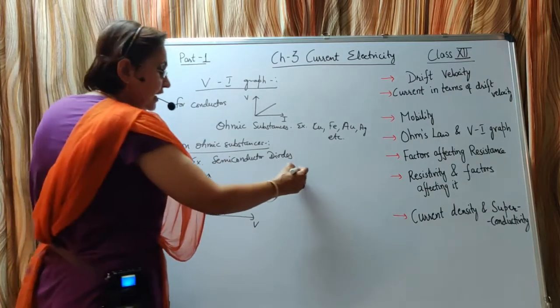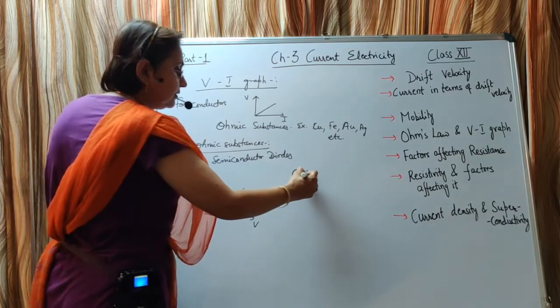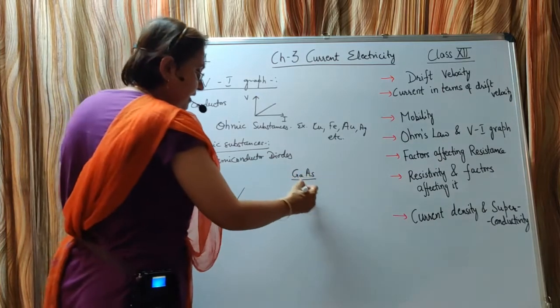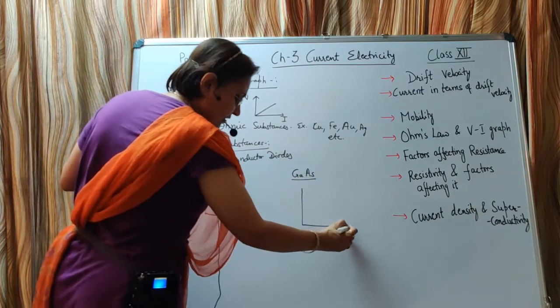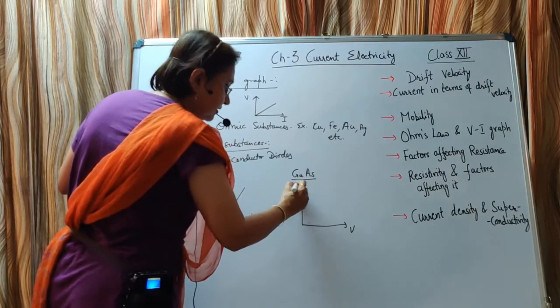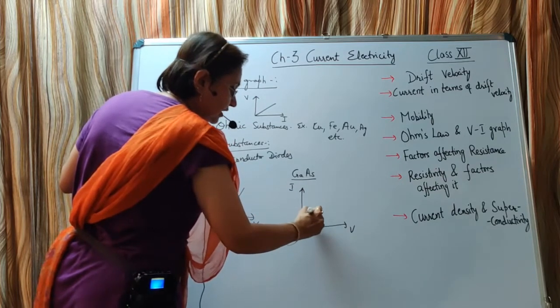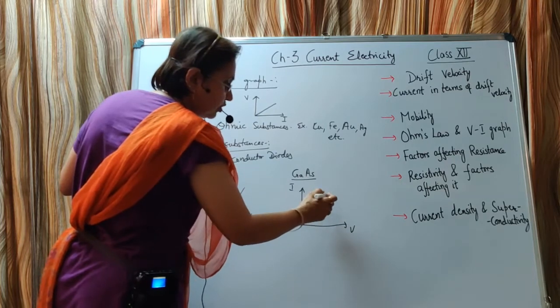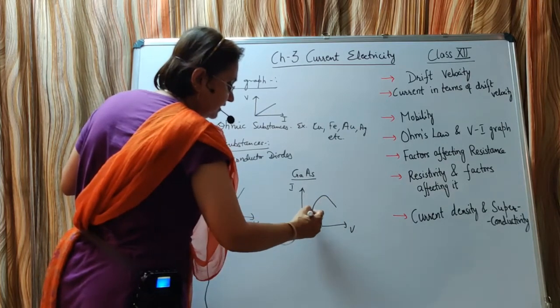Also gallium arsenide is a non-ohmic substance. For gallium arsenide, the VI graph is as shown. This part is linear, and after this the part becomes non-linear and then it decreases.